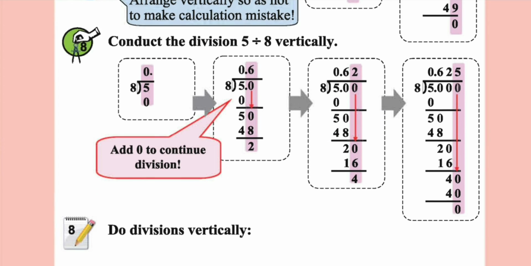Conduct the division 5 by 8 vertically. Okay, 0 is here, 5 will come down. Put a decimal point because 5 is less than 8. Okay, then 0 will come down, the trailing 0 which has no value. 8 6s are 48, 2.